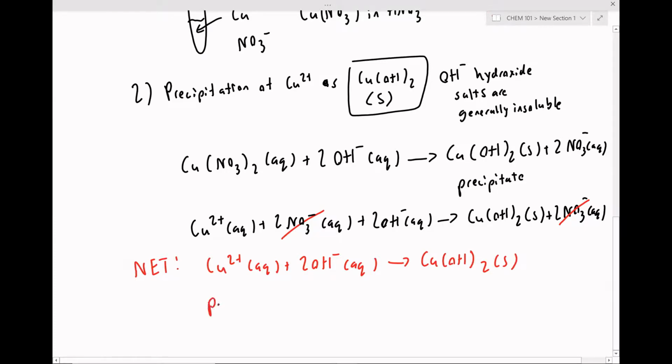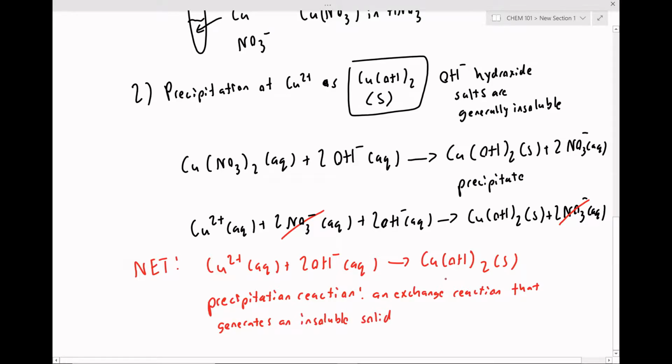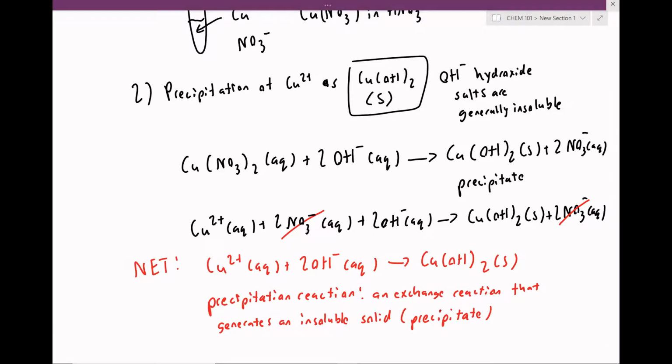So we call this reaction a precipitation reaction, which is defined as an exchange reaction that generates an insoluble solid. And we call this insoluble solid, such as copper hydroxide, a precipitate. If I was being fully correct, I would call this copper 2 hydroxide, following our nomenclature conventions.